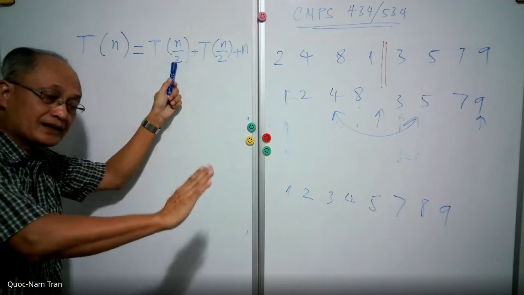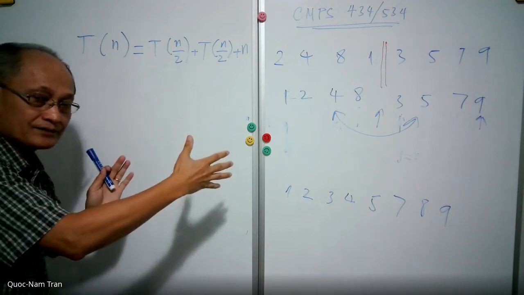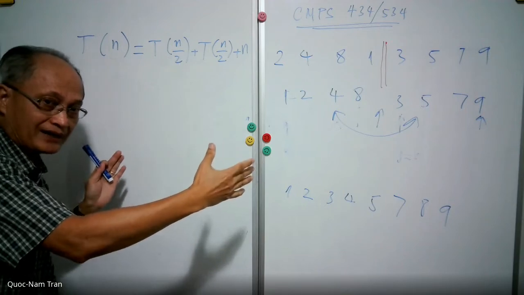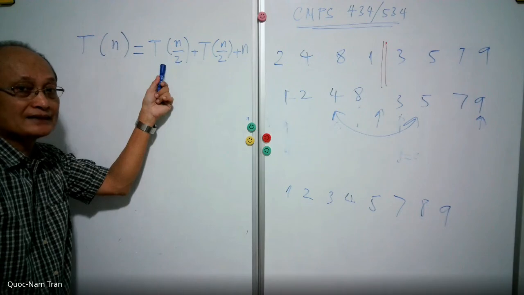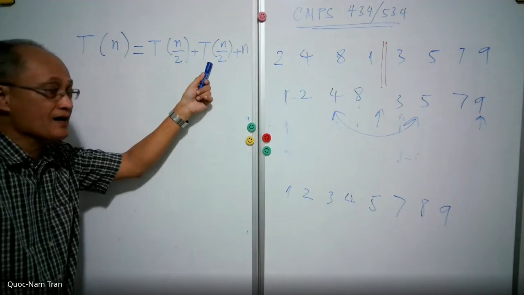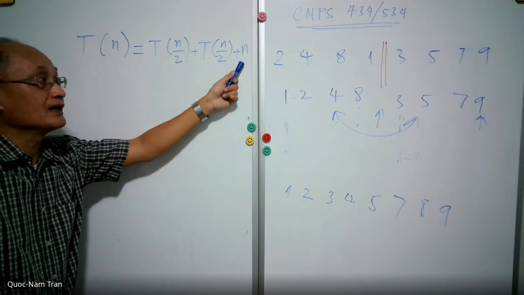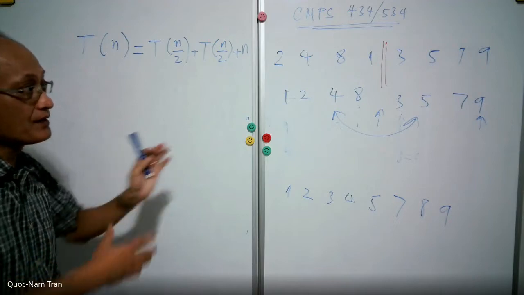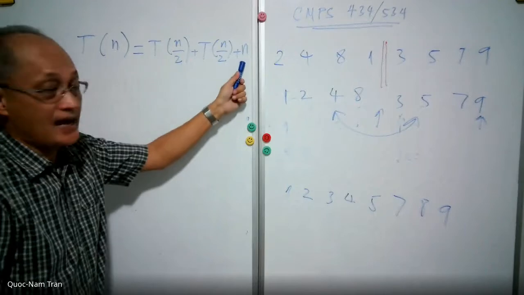If we apply merge sort recursively, we break the left half into two halves again, and continue that. It will take exactly T(n/2), and then merge sort of the right half, T(n/2) again. And the cost for merging the result of the left and the result of the right is n.